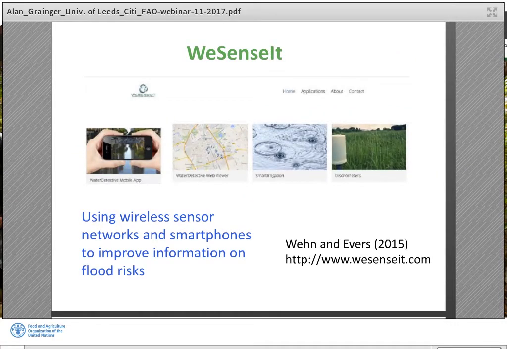In WeSenseIt, improved information on flood risks was gained by using wireless sensor networks to measure various stages of the water cycle, and smartphones operated by citizens to input data on river levels by scanning barcodes on gauge boards.